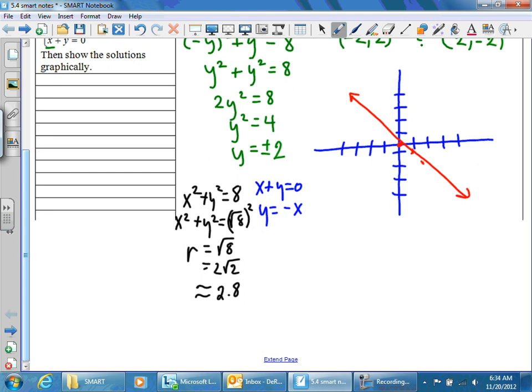So I know I'm going to go out about 2.8 and have that radius all throughout. And bear with me on my circle, but here we can see I have a solution of negative 2, 2, and positive 2, negative 2, which is what we saw.